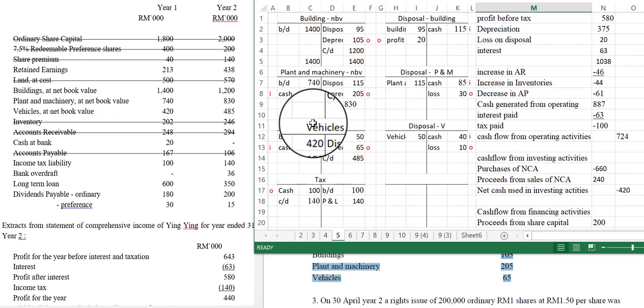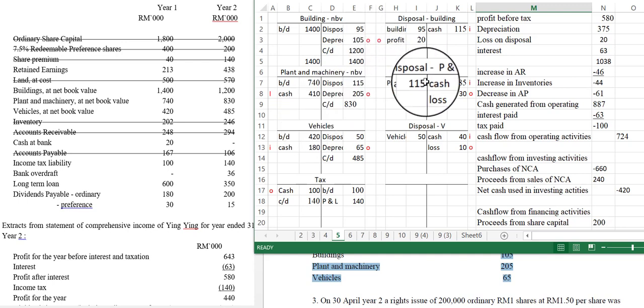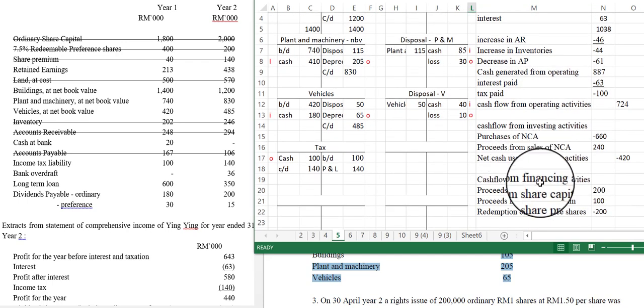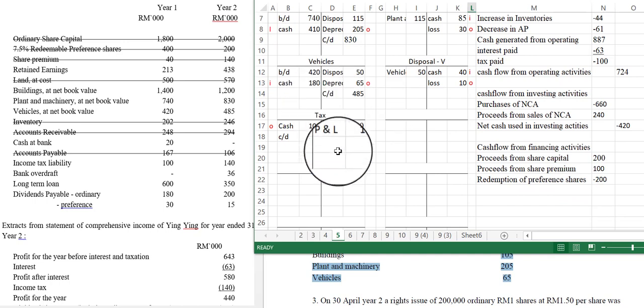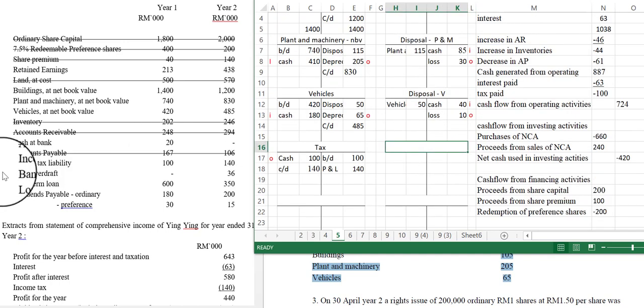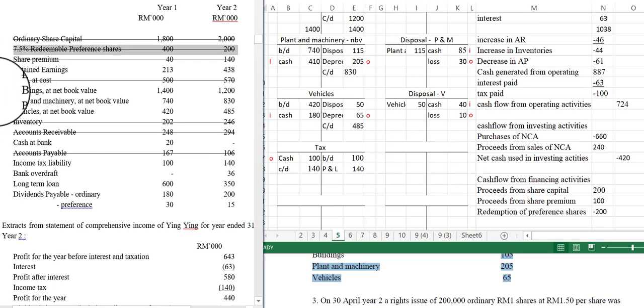If you still remember, oh, I think we made a mistake here. It should be financing. Oh no, yes, this is financing activities. Now if you look at here, you have this building. We have been using this figure, so this one we're done with it.